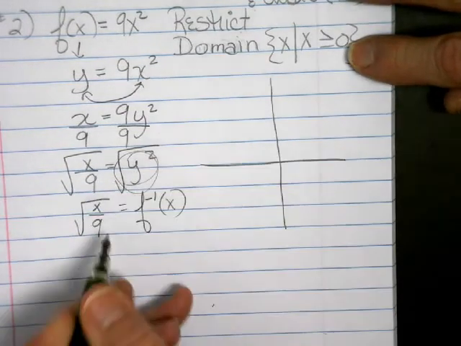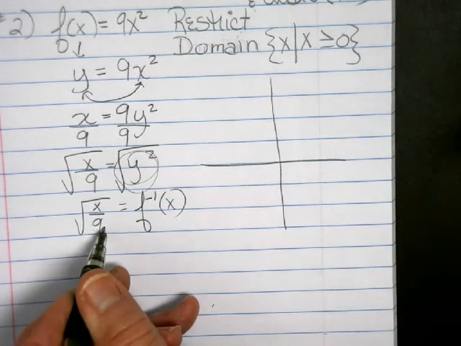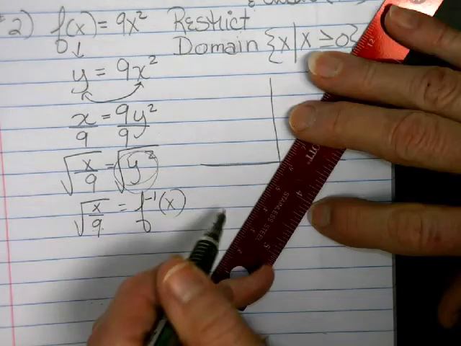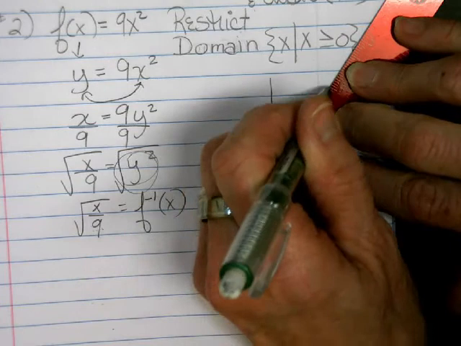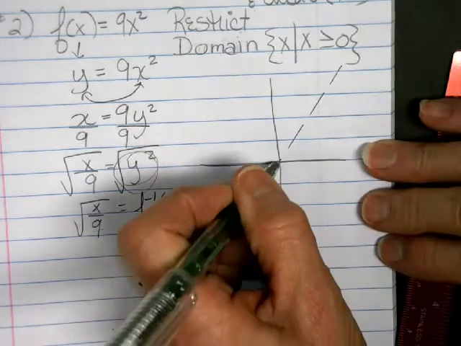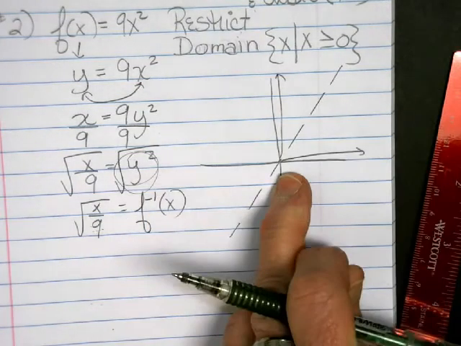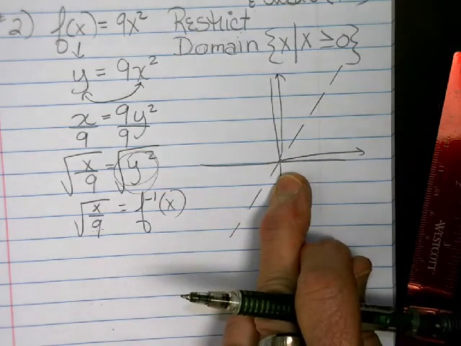We're going to write the graph. Okay, this one really goes up fast because it has a vertical stretch of 9. So across this line, y equals x, it goes up fast and it goes out fast. So it's got a symmetrical look.